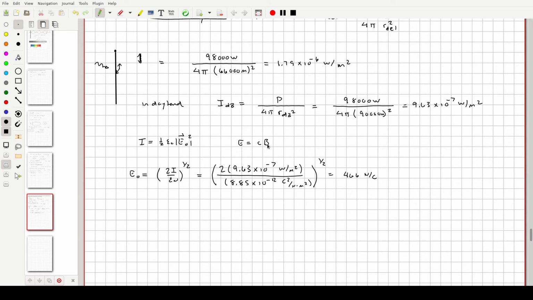Now, if I want to know what the magnetic field is, I just take E and divide it by C. So B naught is equal to E naught divided by C, which is going to be 466 newtons per coulomb divided by 3 times 10 to the 8th meters per second.